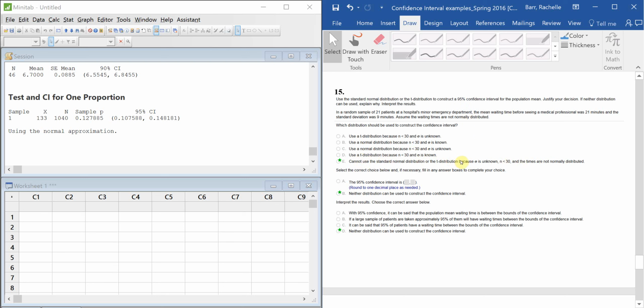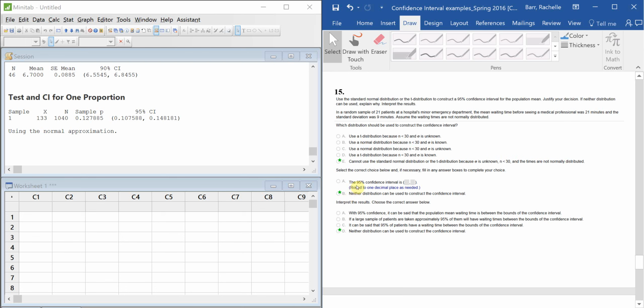So I cannot use the standard normal distribution or the t-distribution because I don't know the population standard deviation, also known as sigma. I don't have a sample size that's big, and the times are not normally distributed. Now, if I didn't have either of these and I knew that it looked normal anyway, then the sampling distribution would look normal, and I could still do this, but I should probably use the t. But I can't do any of this.